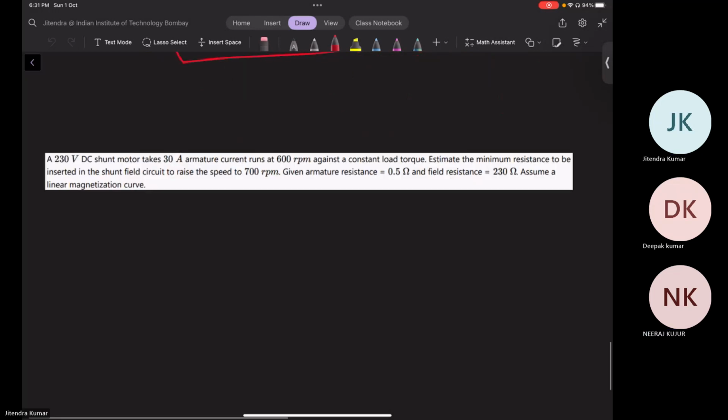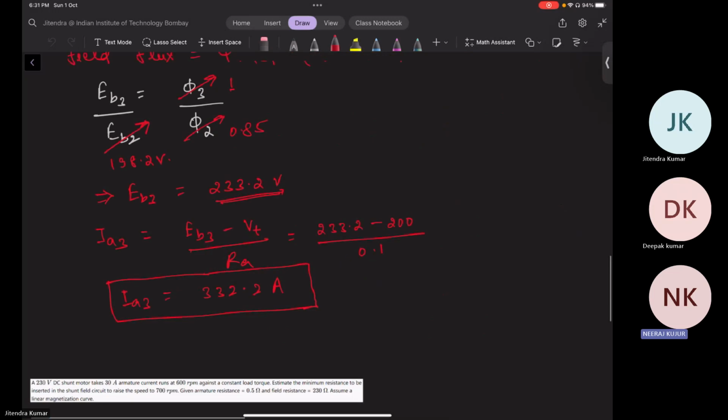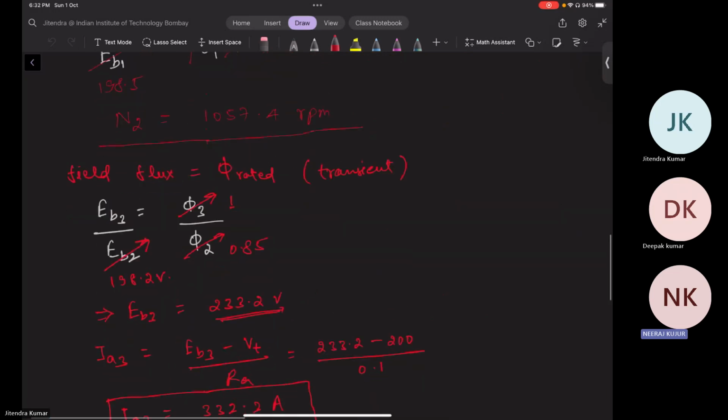Sir, when we were reducing the field current, the field flux should also be reduced with some delay, as the inductance of the coil will have this effect, sir.